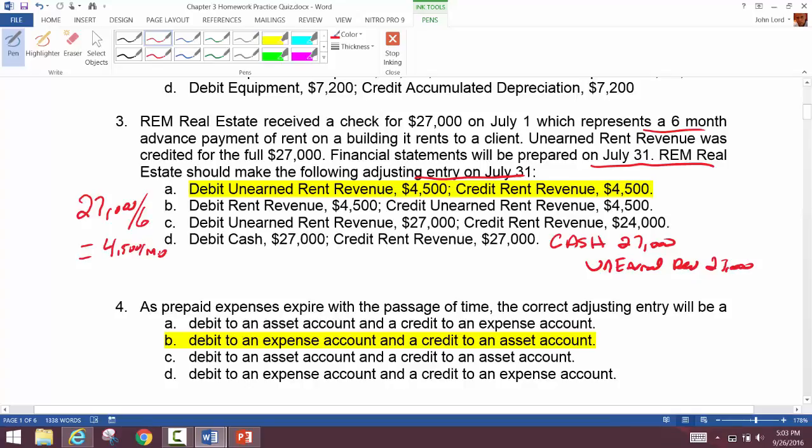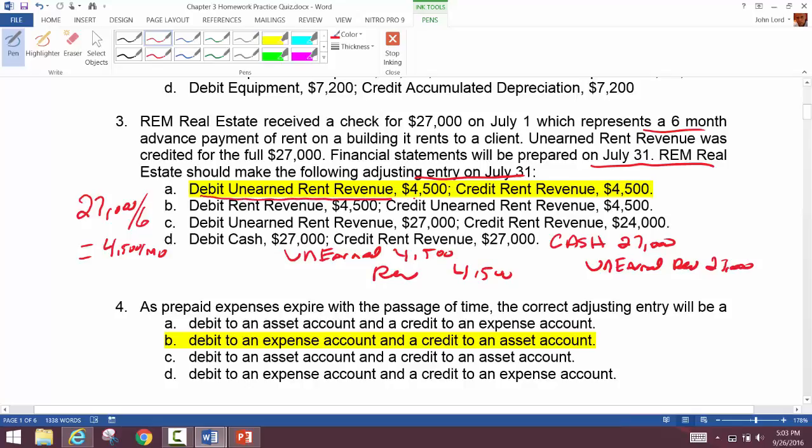Okay. So after 1 month, have I earned any of that revenue? After 1 month, I've earned 1 month of it, right? So I'm going to debit the unearned revenue for $4,500 and credit what? Revenue for $4,500, right?